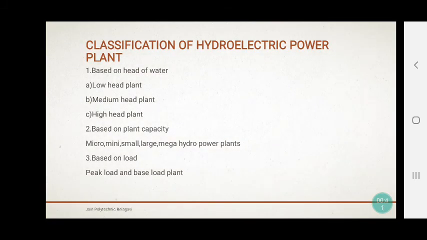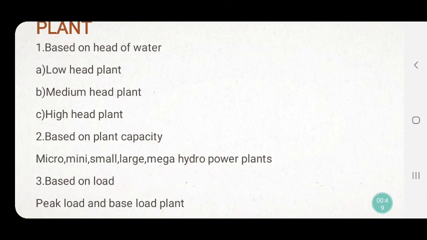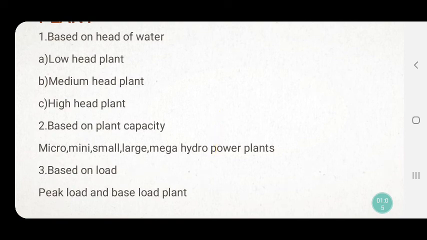So this is the classification of hydroelectric power plant. Number 1, based on head of water, there are 3 types: low head plant, medium head plant, and high head hydroelectric power plant.